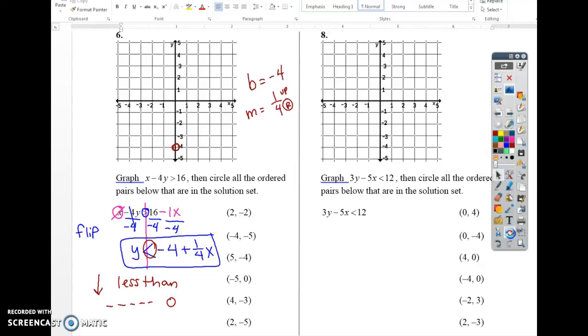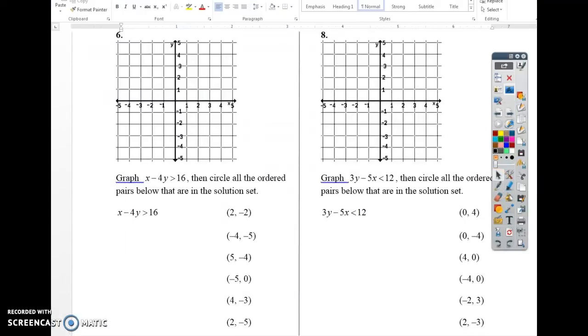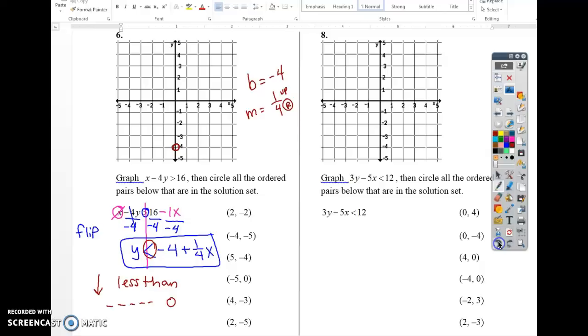Let's go to the right. So 1, enter. I don't like that point. 2, enter. Nope. 3, enter. Nope. 4, enter. Yes. 4, negative 3. So I need to put a point right there. 4, negative 3.